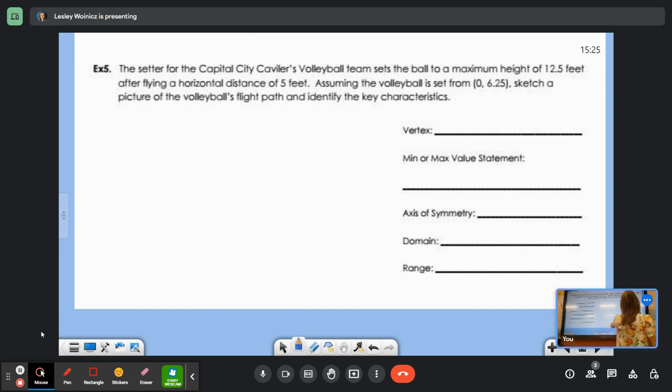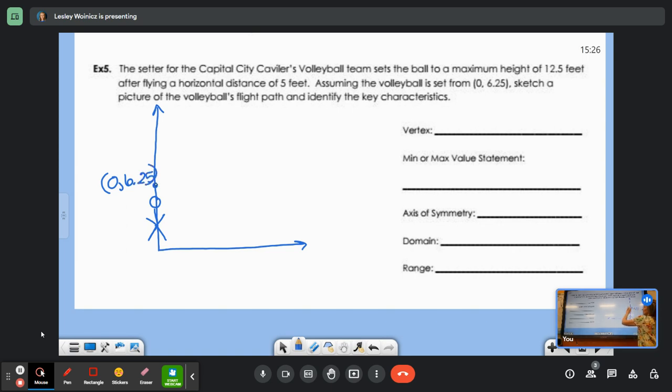So we're going to start with our beautiful axes. I'm setting the ball at a height over my head, starting at 6.25.